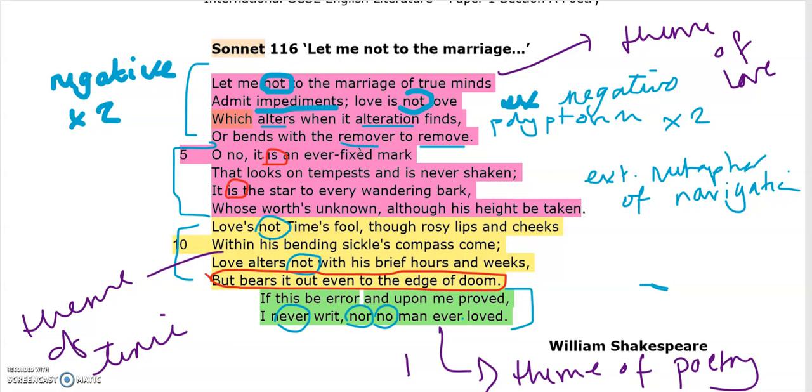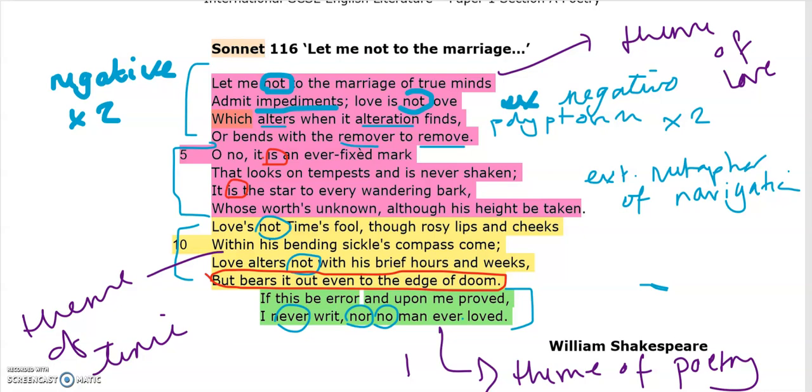So true love is constant or loyal, or bends with the remover to remove. So if your lover goes away, you don't stop loving them. So love is constant, love is loyal, love is faithful, love isn't fickle, love is loyal to the person that you love.